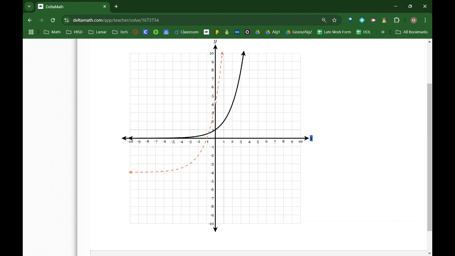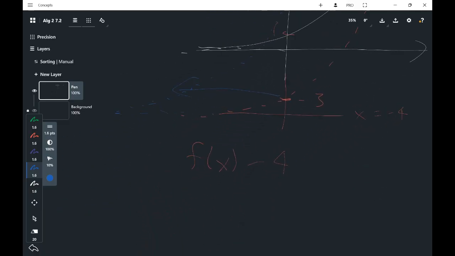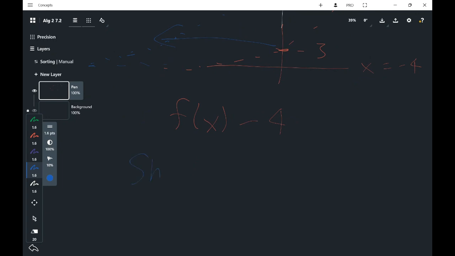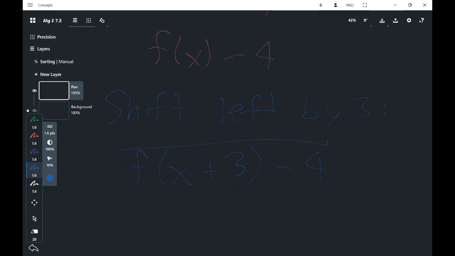To make it touch the y-axis, we have to shift it to the left by 3. So after we apply the shift to the left by 3, the shift to the left is going to be a +3 next to that x, and that's what our function should look like here.